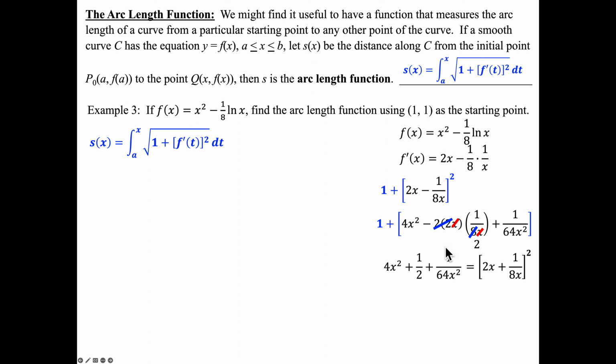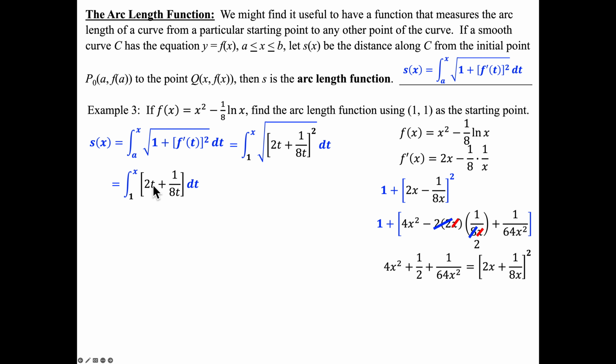And you'll see a number of homework problems will do this. We take this binomial squared, we put it in our square root. Square root cancels the power of 2. Now we're going to go ahead and integrate it from 1 out to x. Notice now, once I substituted in, I put t's here. I took out my x's and put in t's because we want to integrate with respect to t.